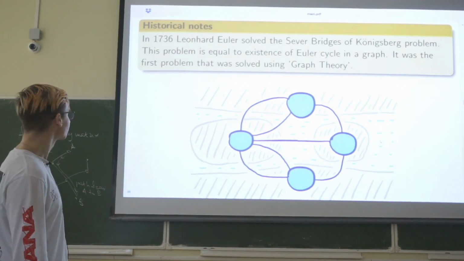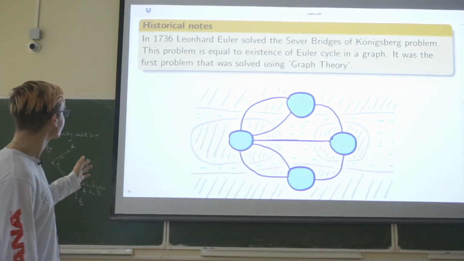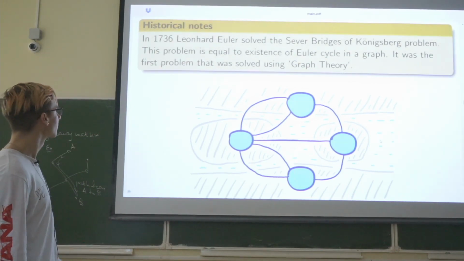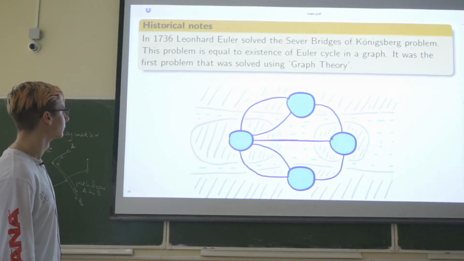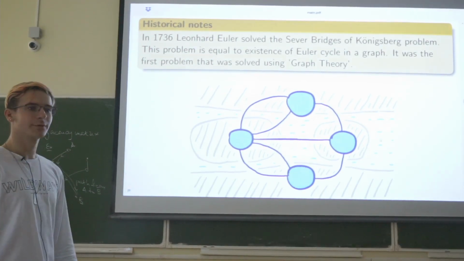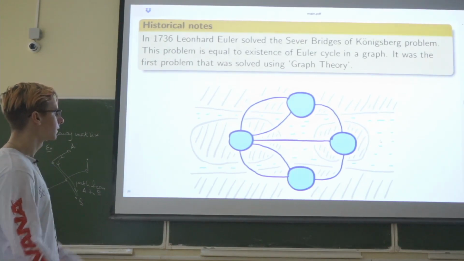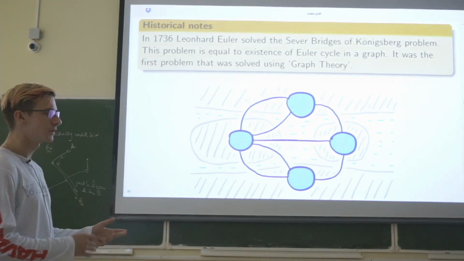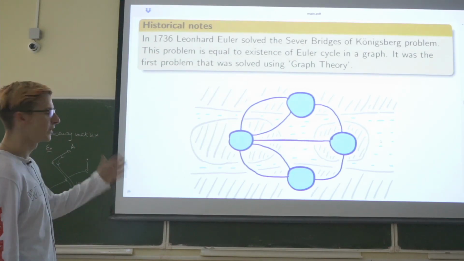First use of graph theory was in the 30s of the 18th century, and it was the first step in development of graph theory, and of course now we have a lot of different characteristics, algorithms that connect with paths and cycles.